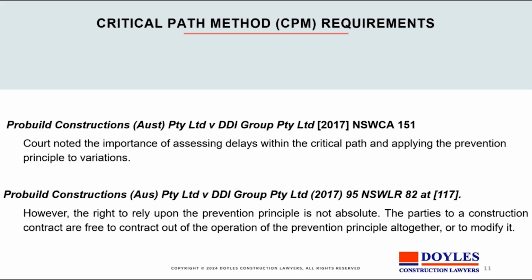So there the contractor would be given perhaps a more generous cost in order to get the varied works done, but he wouldn't be given an extension of time. Now, the principal and the contractor can agree to a regime like that, and you've got to look at the contract in your particular case to make sure you're applying the right principles.